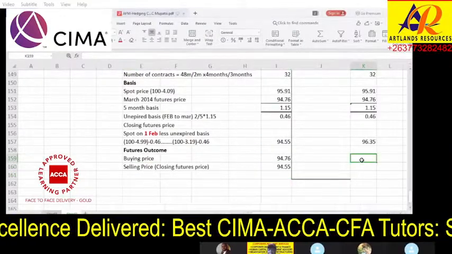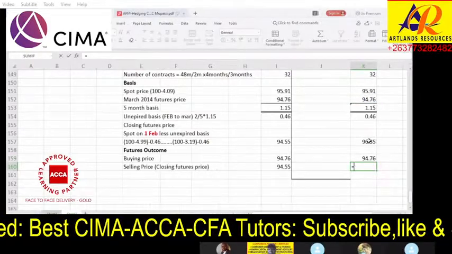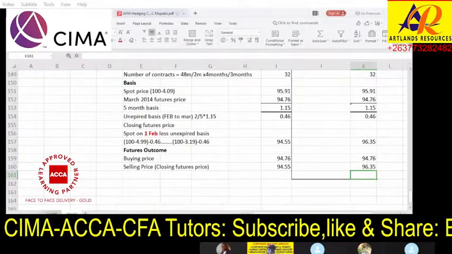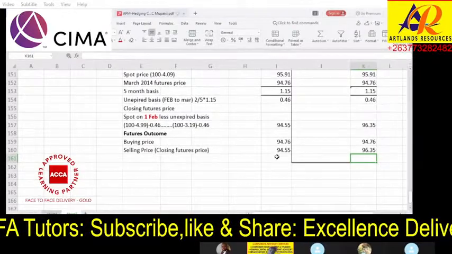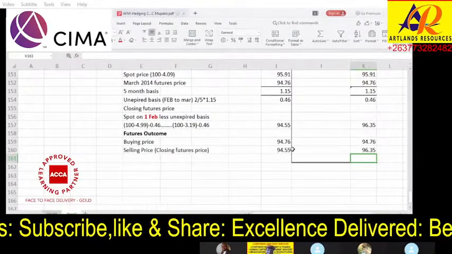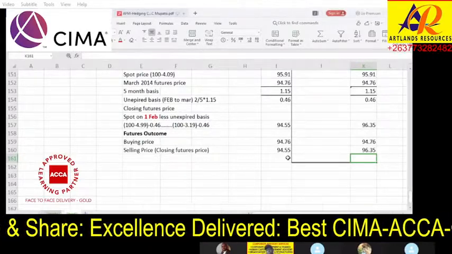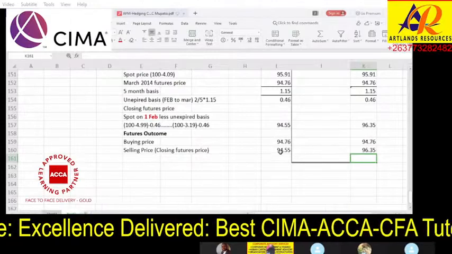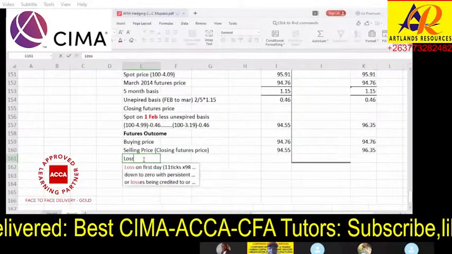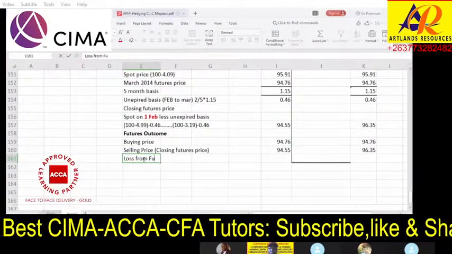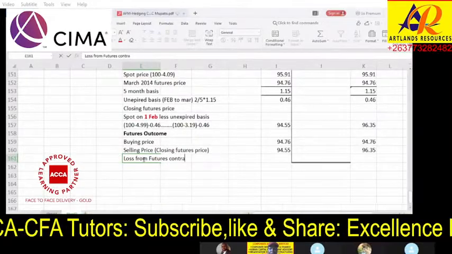Here you do the same. Buying price was 94.76, and then you exit by selling, which is the closing futures price. Have you made a profit or loss? Just consider these to be actual monies. If you buy at 94.76 and you sell at 94.55, this is loss from futures contracts.